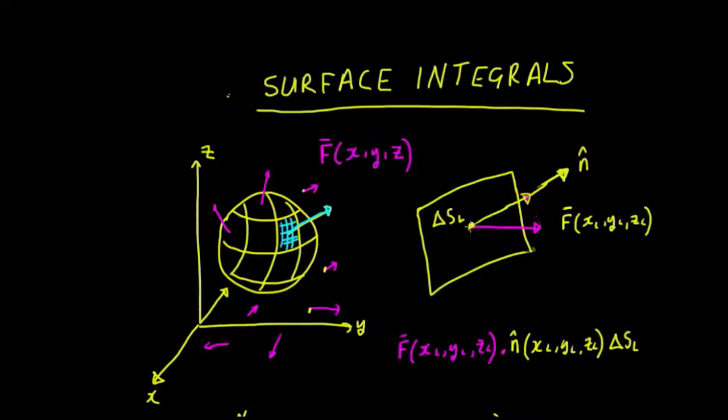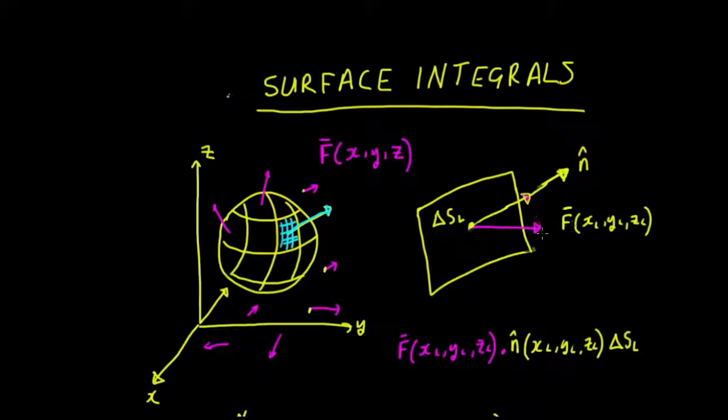So we've got our little area here, which we can call delta S with a subscript L for the Lth area element. And we've drawn in a normal here, and we've drawn in the vector for this function f of xl, yl and zl.